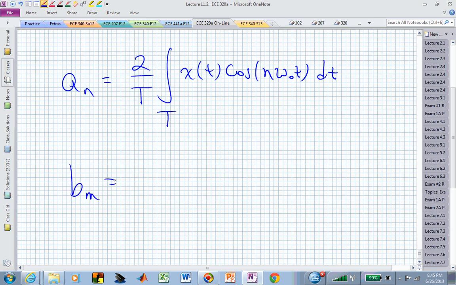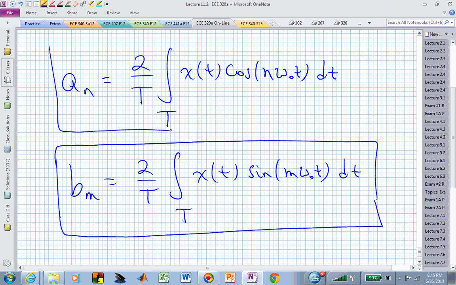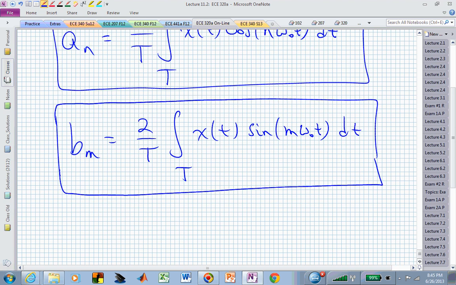Likewise, for the b's, we have 2 over T integral over 1 interval, the fundamental period capital T, of x of t sine of n omega naught t dt. And those are now our equations or formulas for computing the a's and the b's in this trigonometric Fourier series expression.